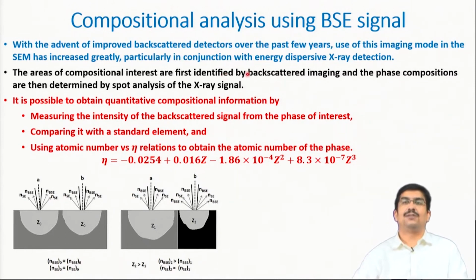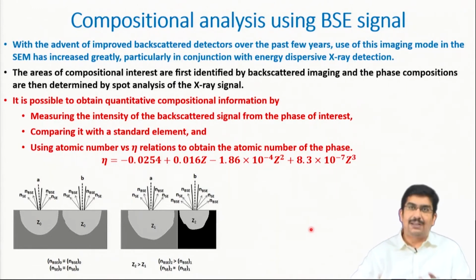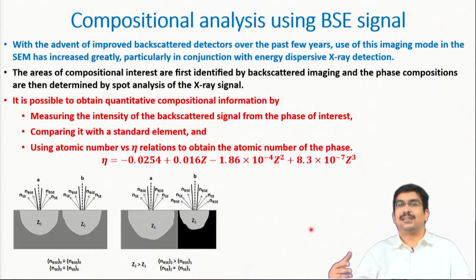So, first we do a chemical analysis. We first do a backscattered imaging of the area whose composition we want to check. So, we first take a backscattered electron image, and then we know which areas are which. Let us say we have a light element like aluminum, we have some aluminum rich areas, and we have a heavier element like, say, iron.